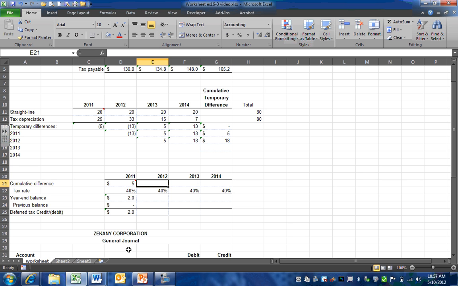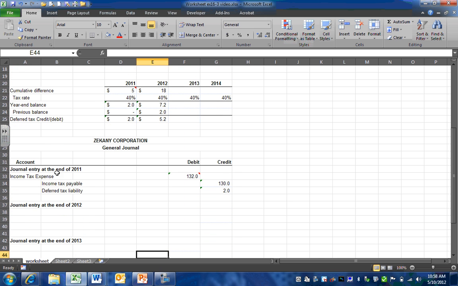So again, we go down to our cumulative difference, and our cumulative difference for 2012 is going to be 18 million. We multiply that by 40%. We had a previous balance of $2 million, which means for this year, our credit to the deferred tax liability has to bring the balance of that account from 2 million to 7.2 million.